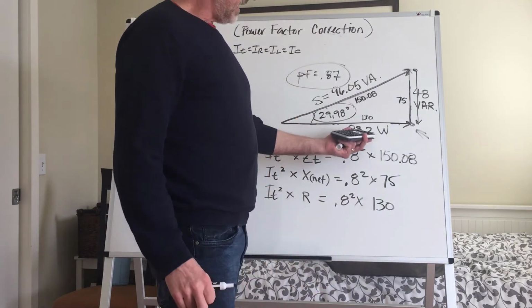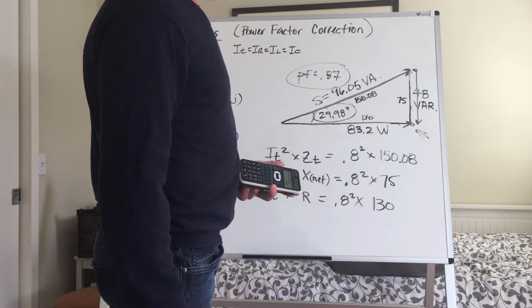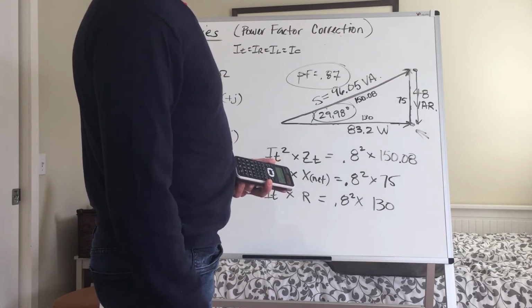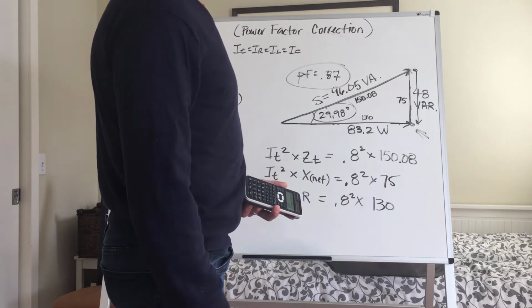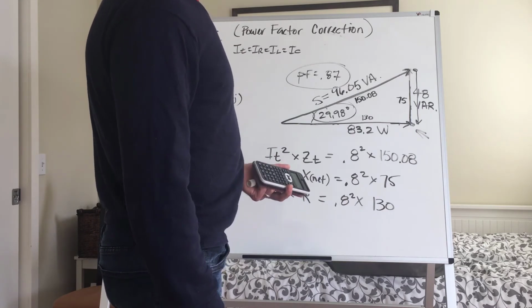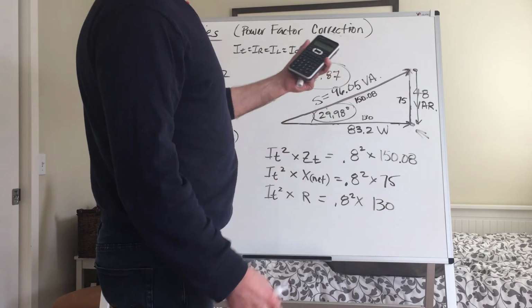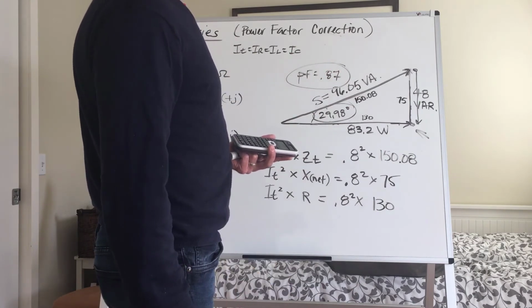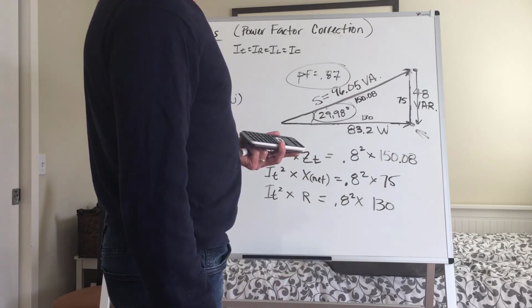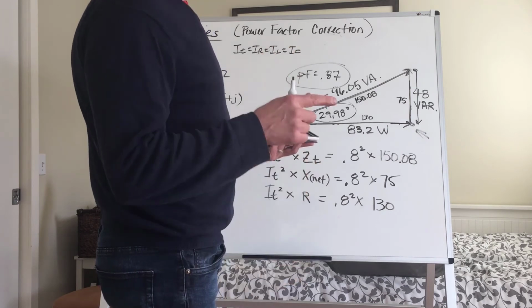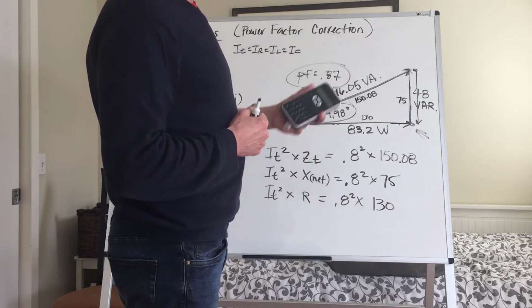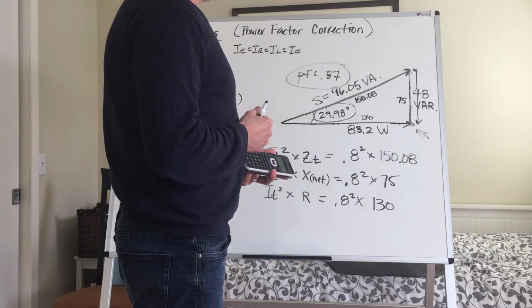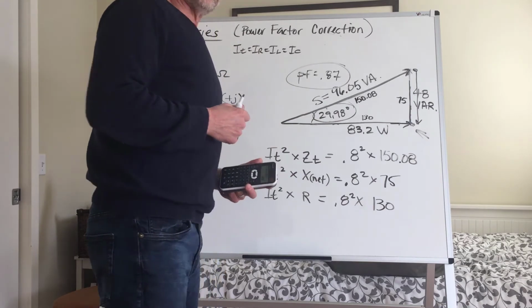And because of that, everything will be our real power, our 83.2 watts of dissipation, once I do this. Okay? So now let's hold on to that value of 48 var. You can always rewind the video if you need to, because I'm going to pause it. I'm going to get rid of this clutter again, and we're going to attack this 48 var that we need to remove for our power factor correction.